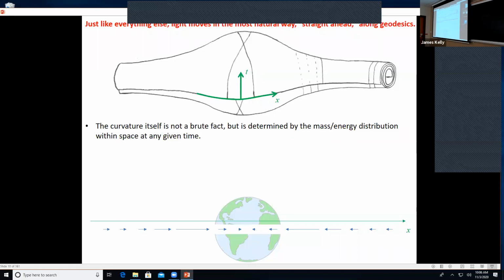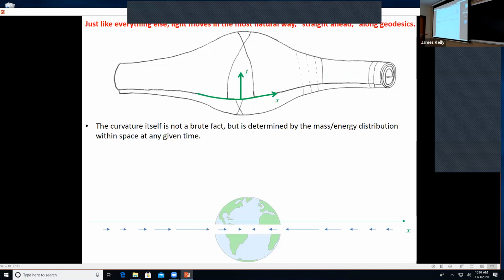So if at a certain time you know where all the masses are, that's going to determine going forward in time how that space-time, what we would call manifold, curves going forward in time. So the curvature is not something that's just given to you, but it's determined by the mass that's inside the space. So you can't think of the mass by itself, and you can't think of the space by itself, but the space and the mass distribution within it are all correlated with each other.